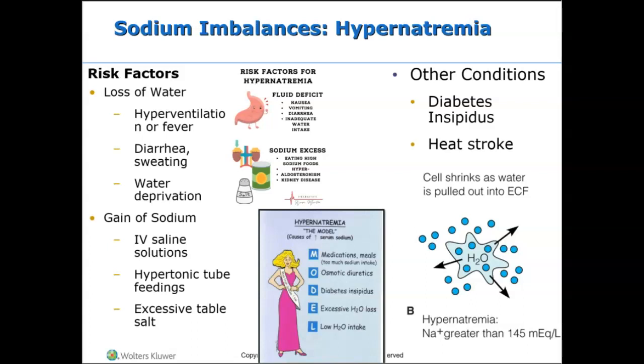It can also occur when we consume too much sodium, through IV solutions, tube feedings, or too much table salt. It could be due to chronic diseases like diabetes insipidus, which you're going to learn in Block 3, but you should know that diabetes insipidus can cause hypernatremia. Heat stroke could also lead to hypernatremia, because we're losing a ton of water, right?